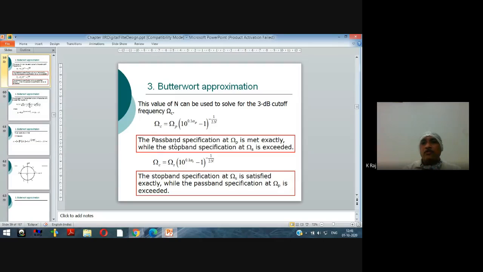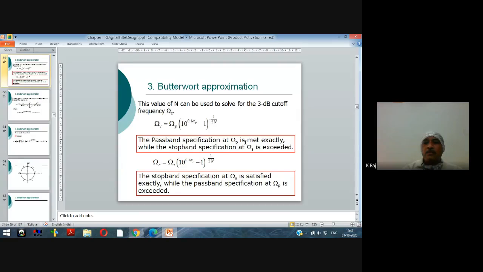In this one, the passband specification at omega p is met exactly, while the stopband specification at omega s is exceeded.